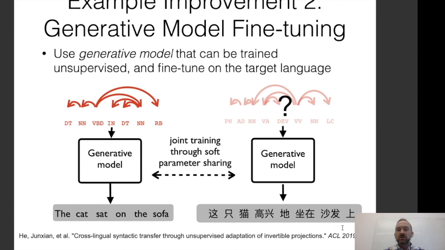And Chinese has syntactic features that are quite different from those of English. So what we do is we take this generative model and train it in an unsupervised fashion to maximize the likelihood of this output in another language.